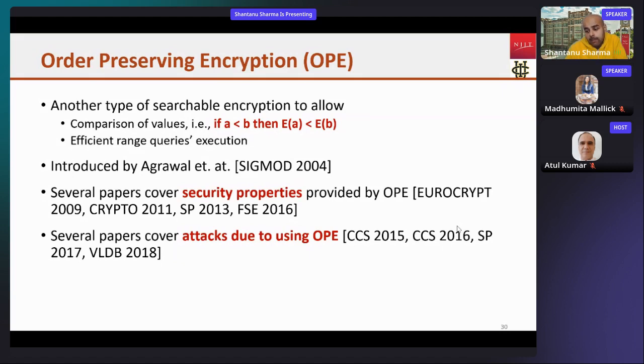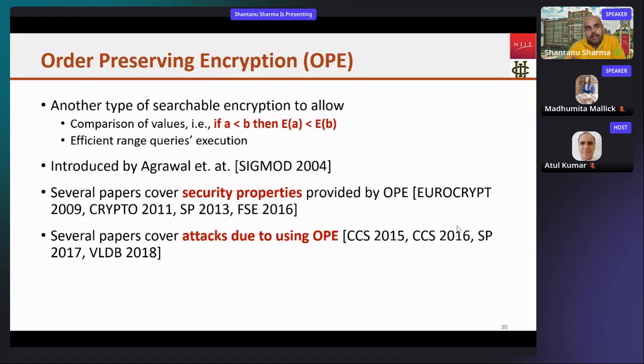Along with those papers, since these techniques reveal the order of a particular column of the database, several attacks have been discovered when order preserving encryption is used over a data set, and there are a bunch of papers on this.